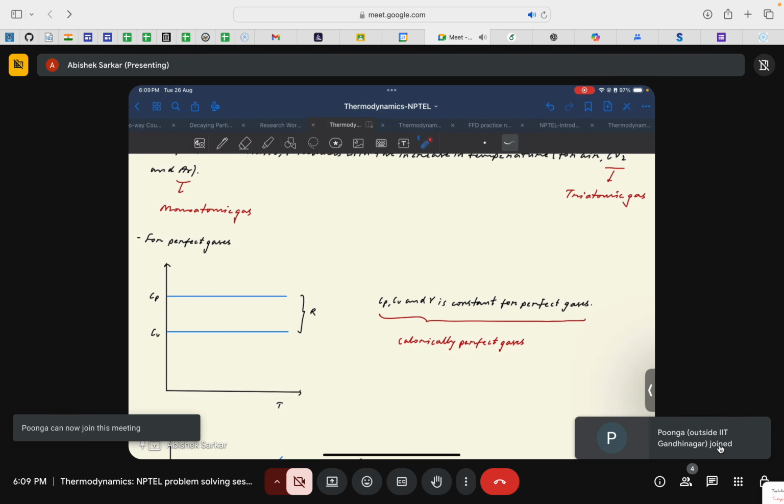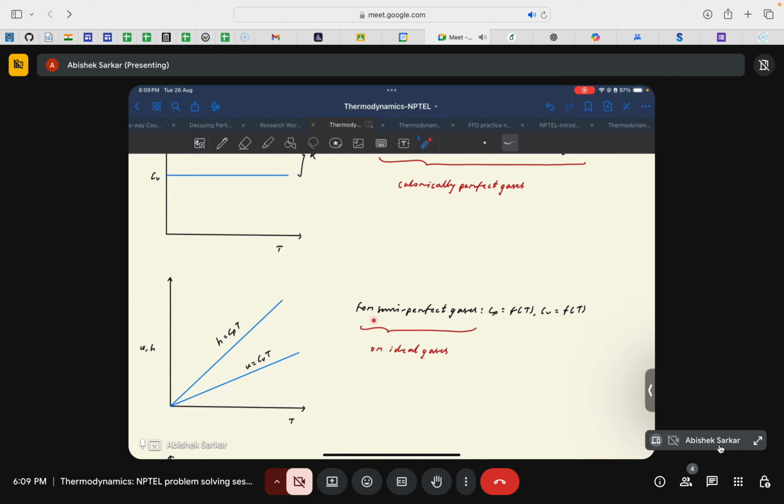But for ideal gases or semi-perfect gases, as mentioned by Professor Anand, Cp and Cv, the specific heats at constant pressure and constant volume, are functions of temperature only. Let me just write it. Functions of temperature only. So this is the case for an ideal gas.